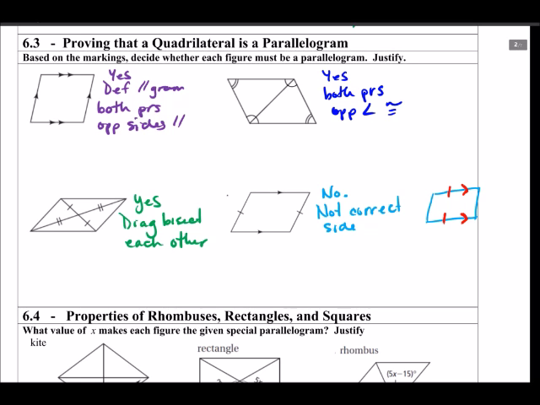Theorems: opposite sides are congruent, opposite angles are congruent, consecutive angles are supplementary, diagonals bisect each other. And our fancy little new thing here, we can tell that it's a parallelogram if one pair of opposite sides is both congruent and parallel, which unfortunately that last one was not. So know your quadrilateral classifications, and I think that you will do really well on these problems.